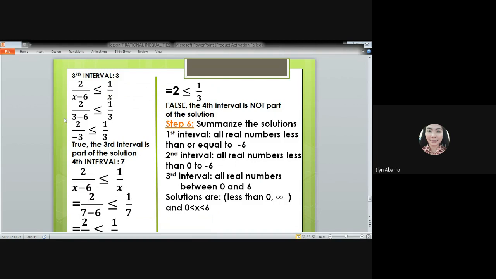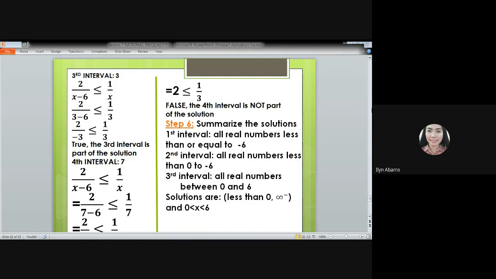It will become 2 over 3 minus 6 is less than or equal to 1 over 3. So 3 minus 6 is negative 3. So that's why it becomes negative 2/3. It's less than or equal to positive 1/3. So negative 2/3 is of course less than 1/3. So true. The third interval is part of the solution.